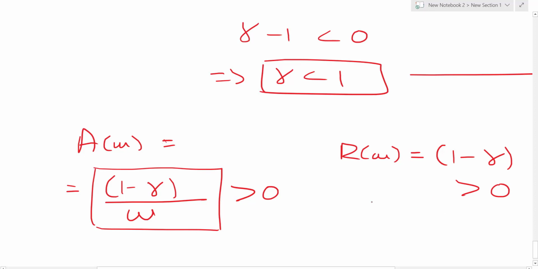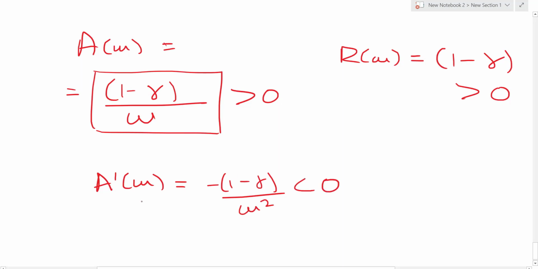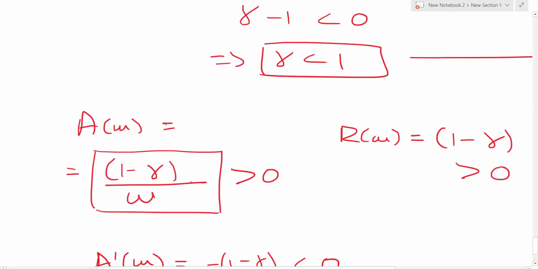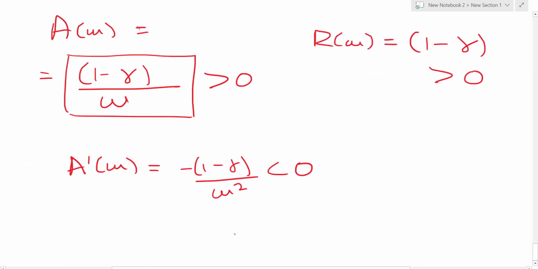So you've got positive for both of these, and then if I take the first derivative of these two, A dash W, the derivative of absolute risk aversion, will turn out to be the negative of (1 minus gamma) divided by W squared. So this is negative, which means this sort of utility function exhibits a declining absolute risk aversion, which is what we expect.